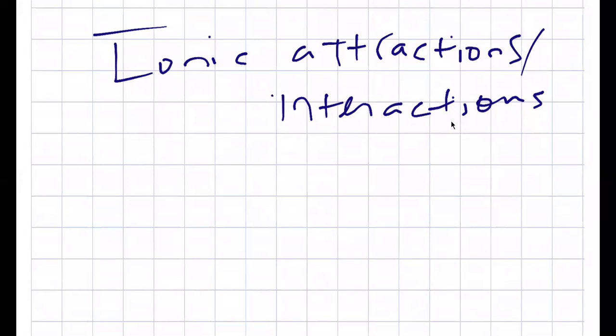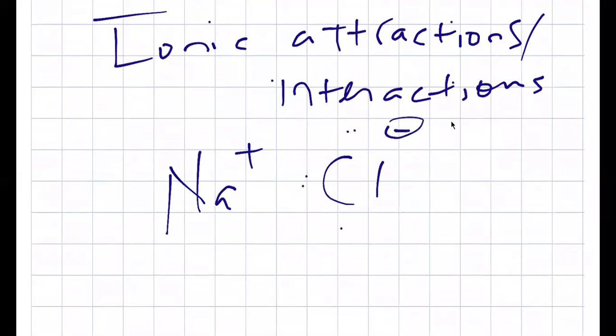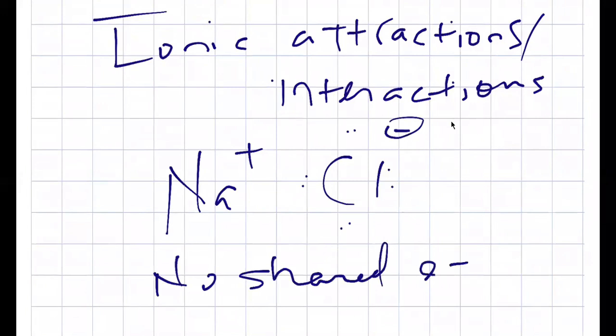So if I have something like sodium chloride, where sodium is positive and chlorine is negative, there's no shared electrons here. It's only the charge keeping those two with each other. One is positive, one is negative, and so they attract one another.